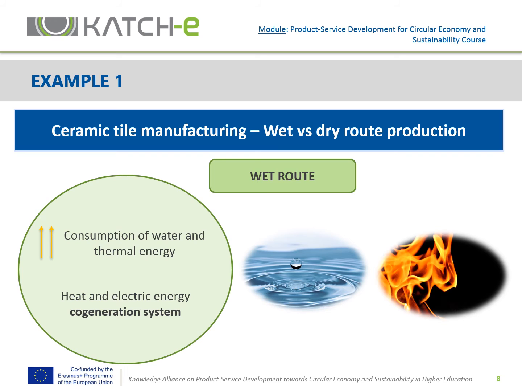It is in this part of the process where a great amount of energy and water are needed. Moreover, a heat and electric energy cogeneration system is installed at the spray dryer. Part of the cogenerated electricity is consumed by the manufacturing plant, and part is sold to the power grid.